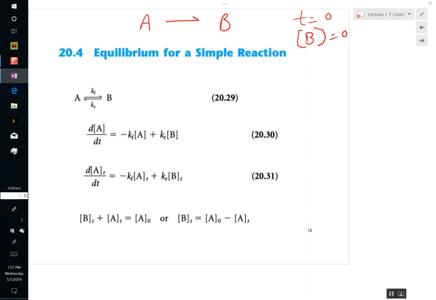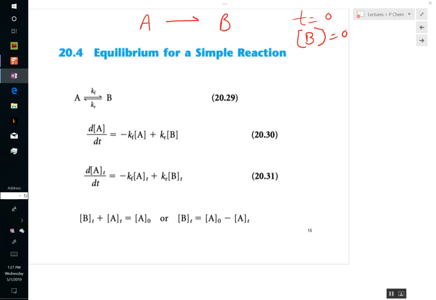But if B can decompose or react back into A, as the reaction proceeds, you start getting a reverse rate. You have B converting into A at some rate. You have A reacting to form B at some rate.